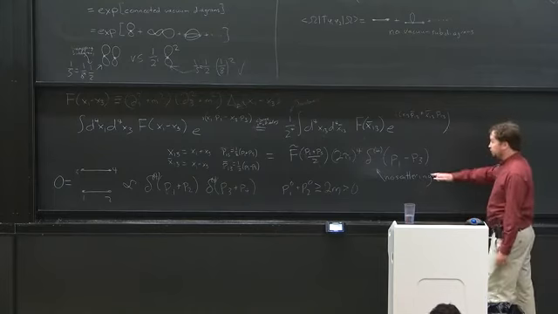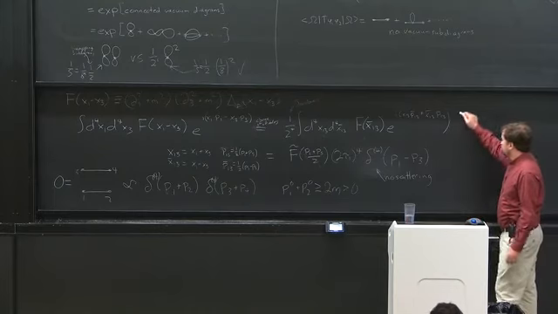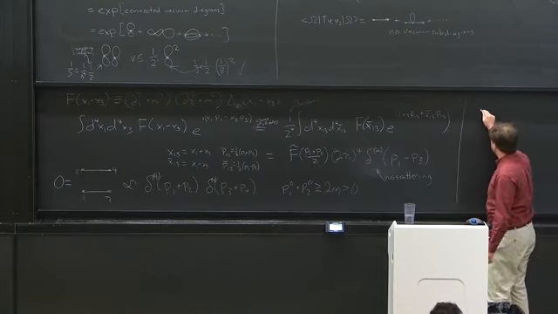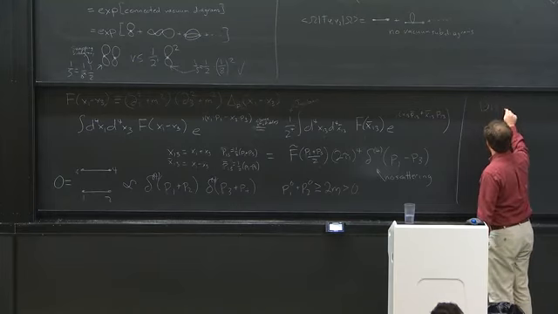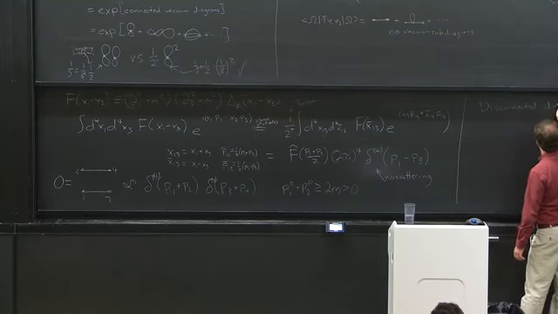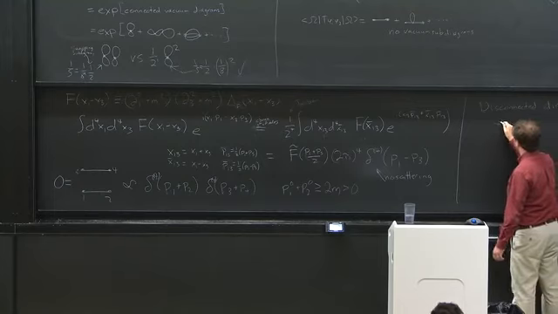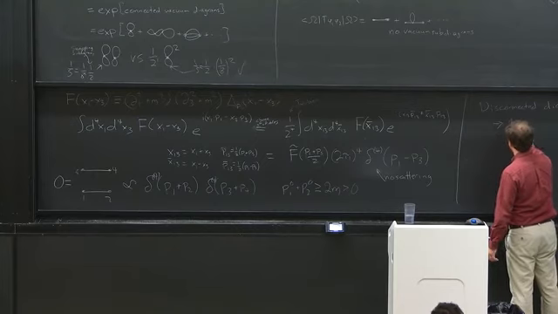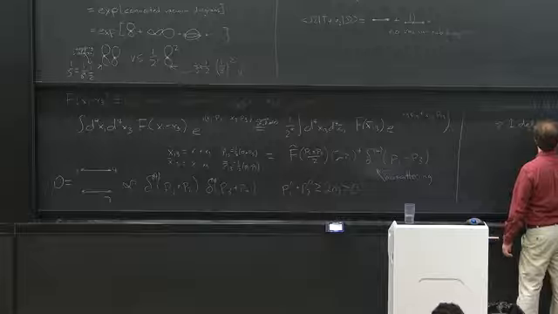And this feature is general. If we have disconnected diagrams, we'll have one delta per connected component.